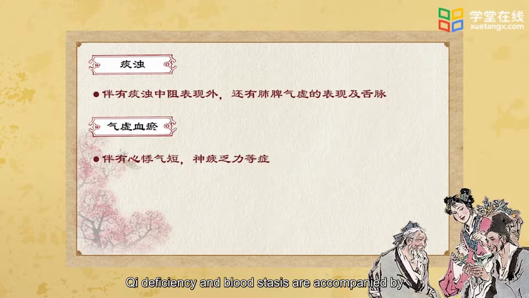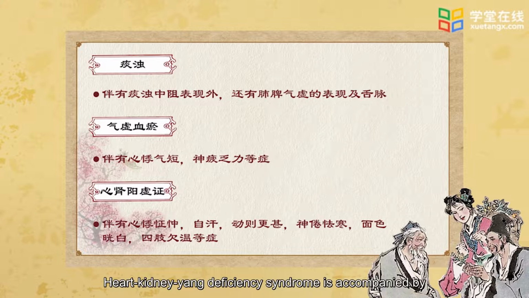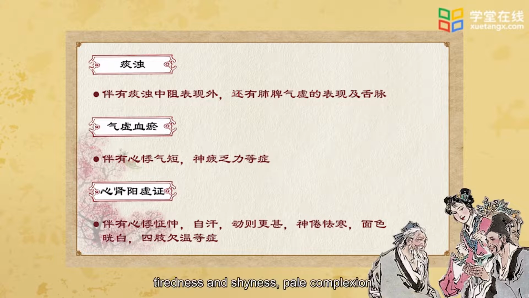Qi deficiency and blood stasis are accompanied by palpitations, shortness of breath, and fatigue. Heart kidney yang deficiency syndrome is accompanied by palpitations, spontaneous sweating, worse with movement, pale complexion, and cold limbs.